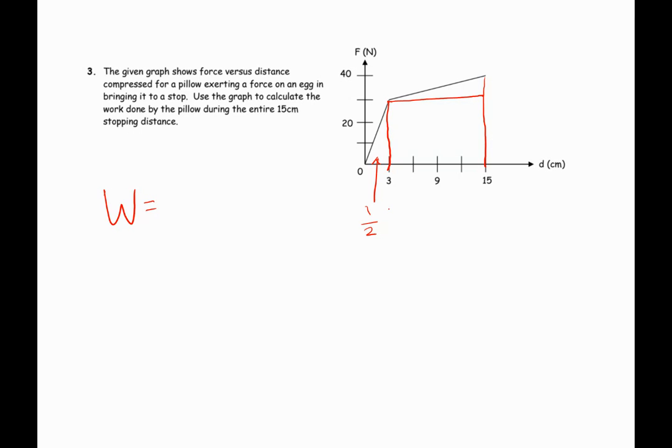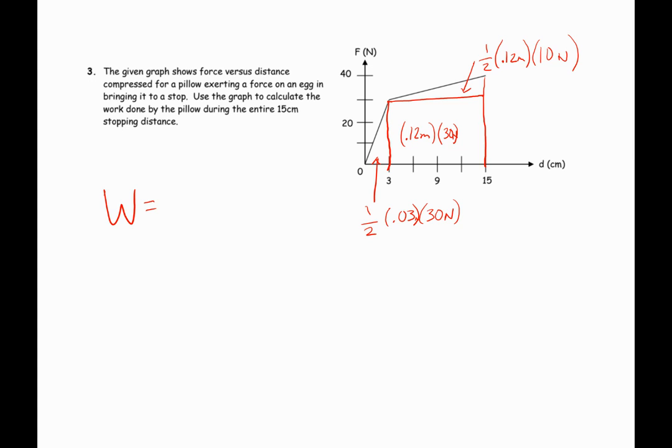So 1/2 base, our base is 0.03 meters times our height, which is going to be 30 newtons. Right here, my base is 15 minus 3, so I'm going to have 0.12 meters times my 30 newtons. And then right here, I'm going to have 1/2 my base, which is 0.12 meters, times, it looks like it's about 10 newtons.